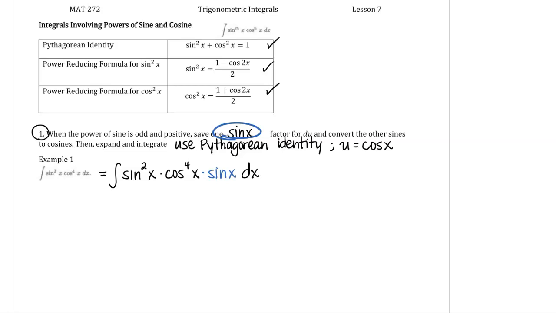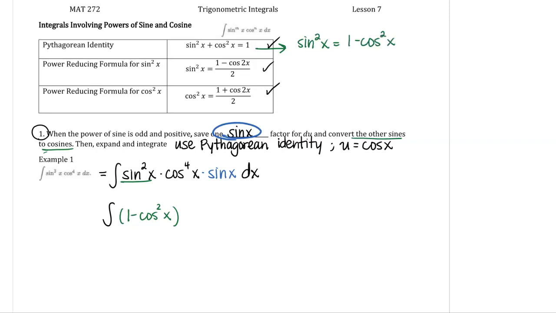I'm now going to convert the other sines to cosines. So I have a sine squared at the beginning of my integral. I'm going to change that sine squared to 1 minus cosine squared x. That's taking this equation and solving for sine squared by subtracting cosine squared from both sides of the equation.